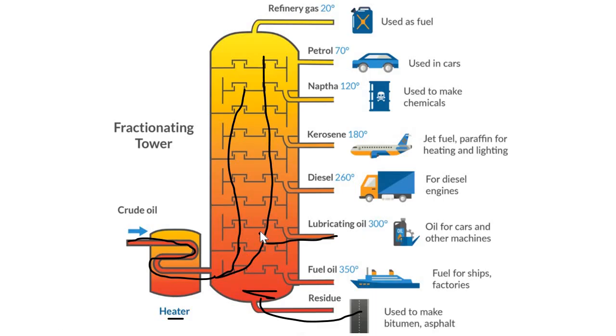As the remaining vapor cools, further fractions are collected. The lower their boiling point, the further up the compounds go. See here, the diesel is burnt at 260 degrees Celsius.